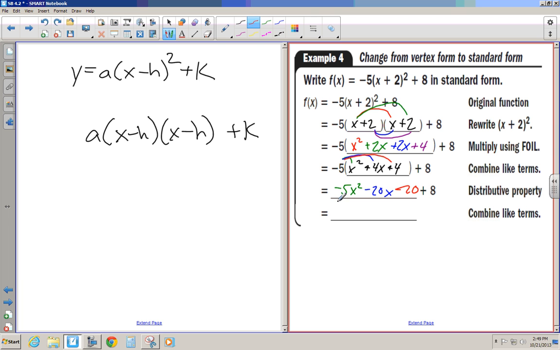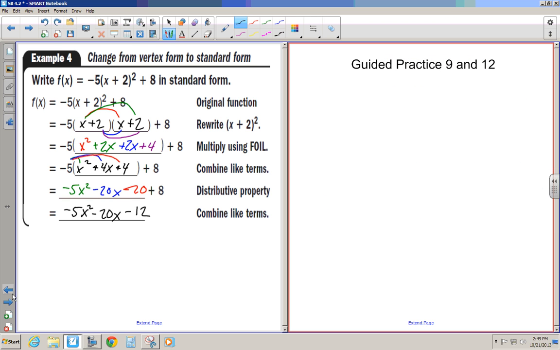Minus 20 plus 8 gives us negative 5x squared minus 20x, and then negative 20 plus 8 is minus 12. So that's how you go from vertex form to standard form.